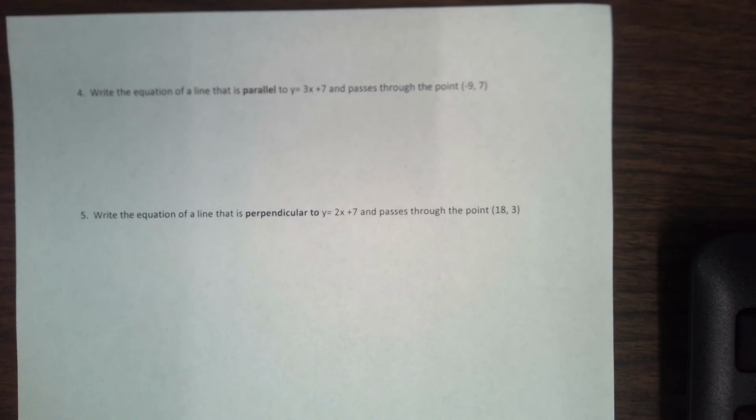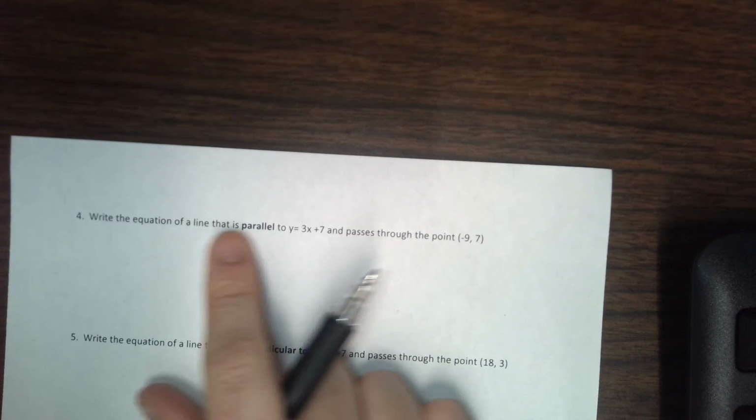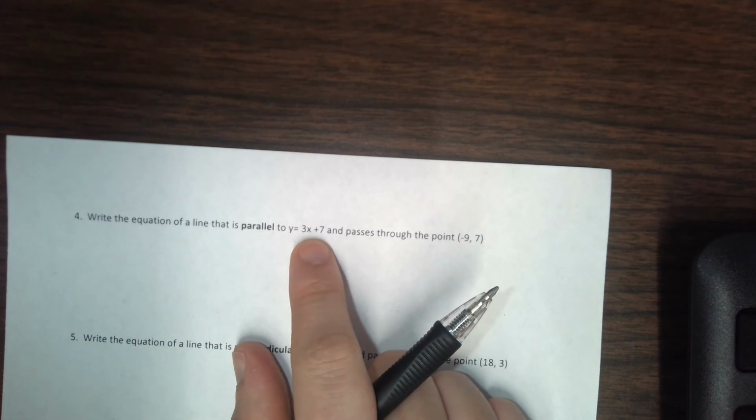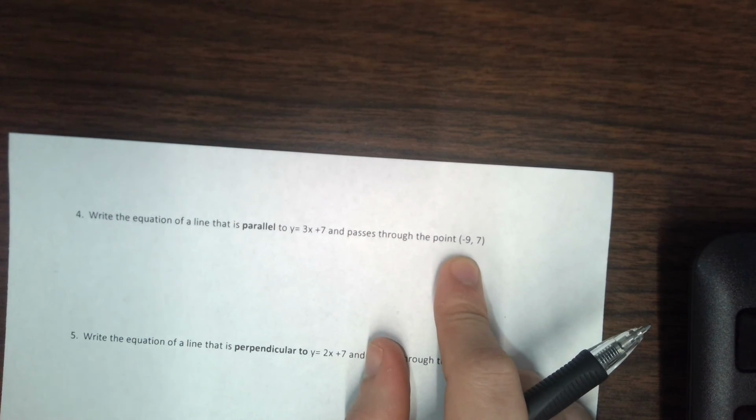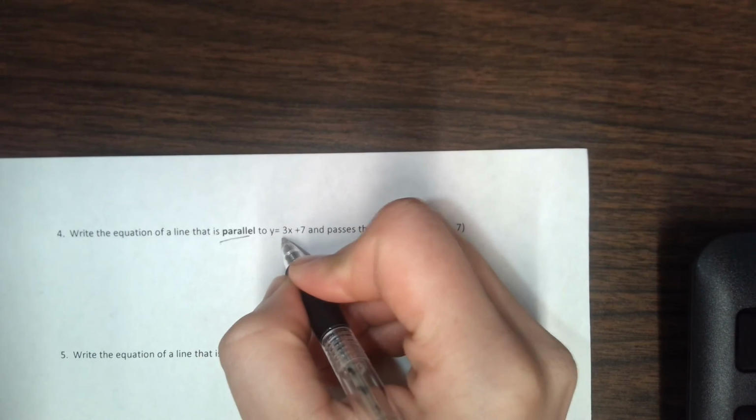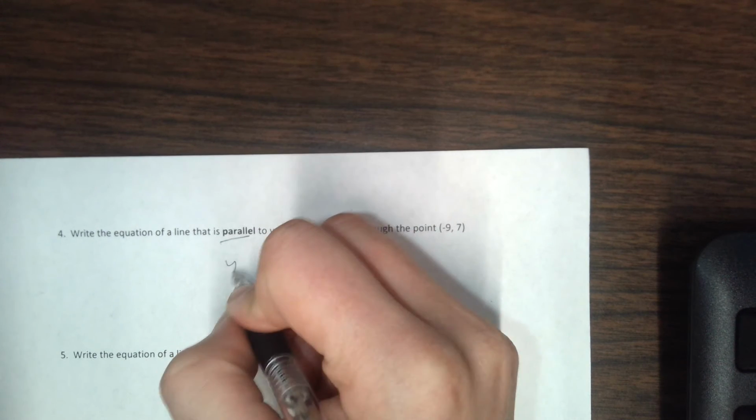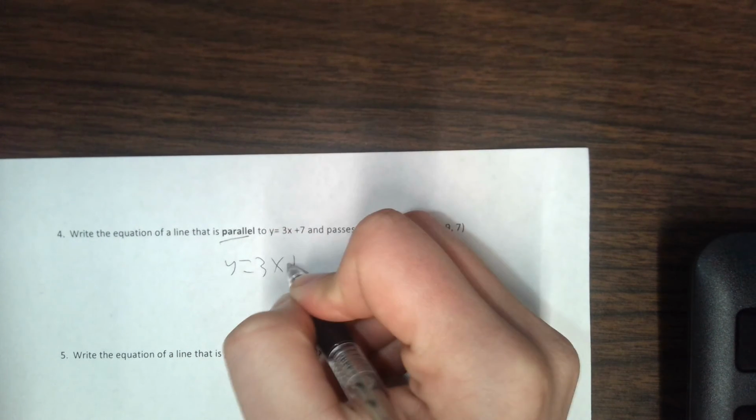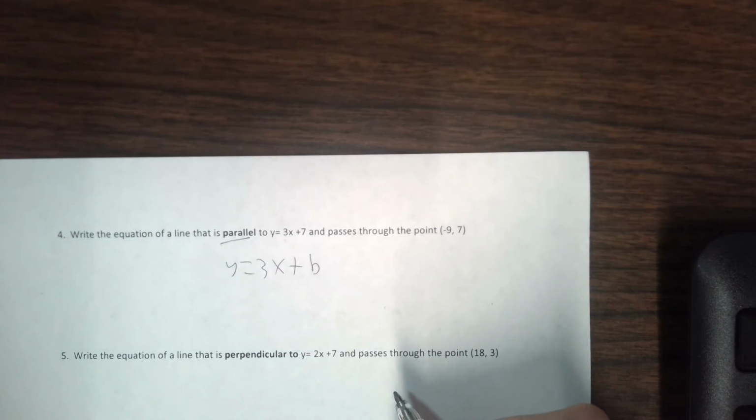All right, if you want to pause the video, make sure you've got 1 and 2 done. If you unpaused, we're on to number 4. Write an equation of a line that is parallel to y equals 3x plus 7 and passes through the point -9, 7. Remember, parallel means same slope. So we have y equals 3x plus b.